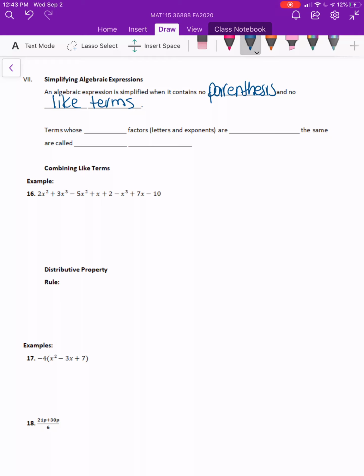So terms whose variable factors, letters and exponents are exactly the same. Those are what we call like terms. Okay, so let me talk about that. So the variables need to be exactly the same. When we talk about variables, we're talking about letters and exponents.